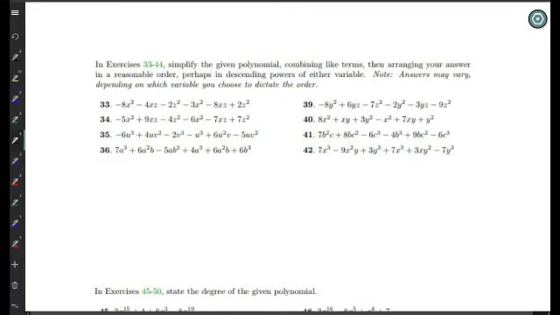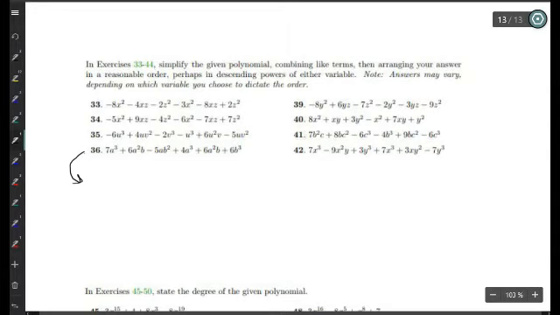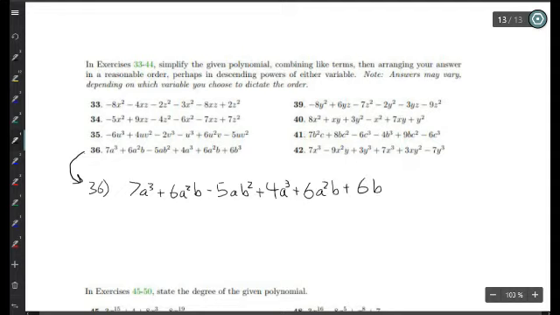Okay. Let's do another example. How about 36 here? So 7a cubed plus 6a squared b minus 5ab squared plus 4a cubed plus 6a squared b plus 6b cubed.